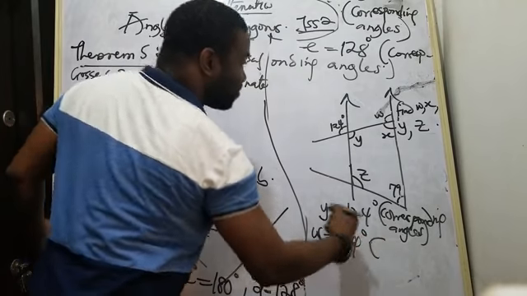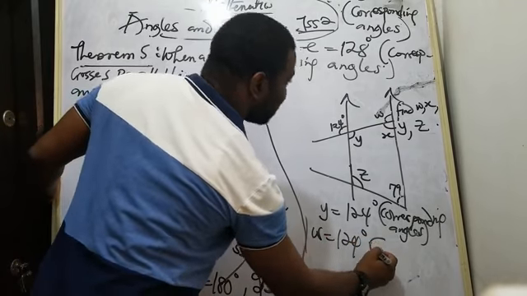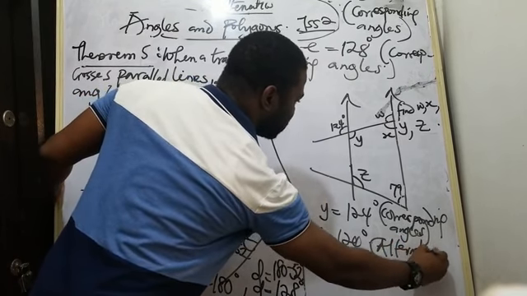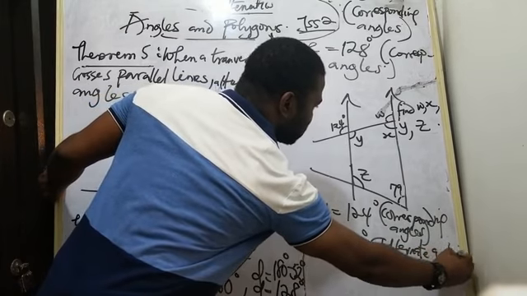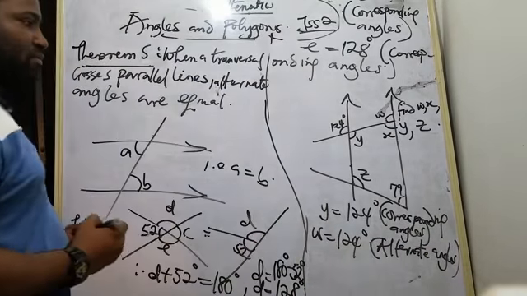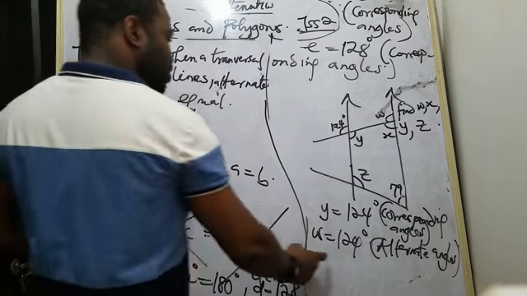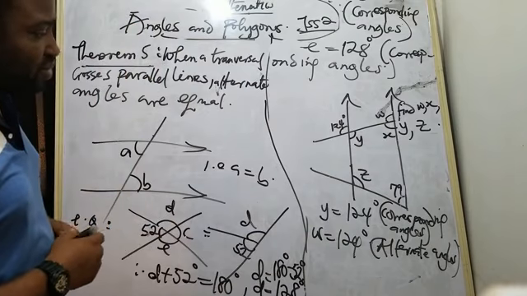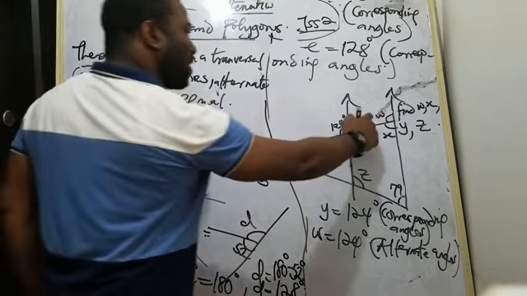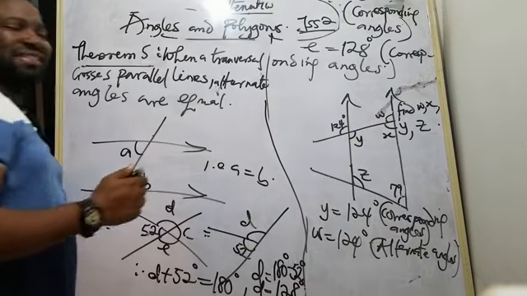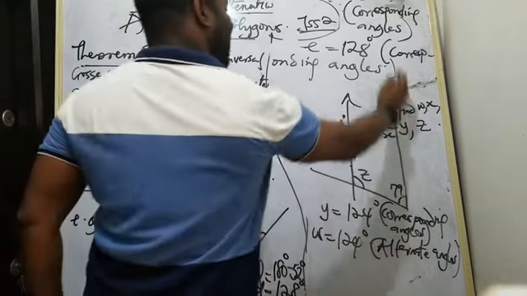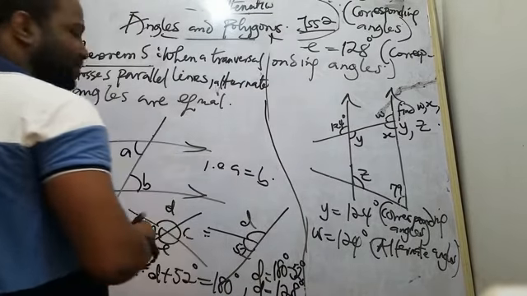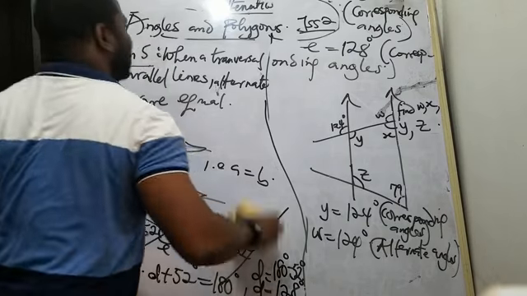So that is alternate angles. So it means W is what? 124. If W is 124, you can easily get X. Angle on a straight line. This is a straight line, yes or no? Very good.